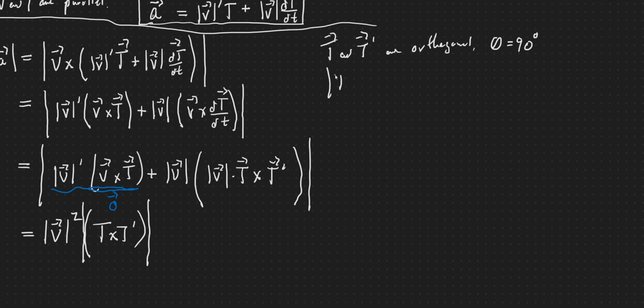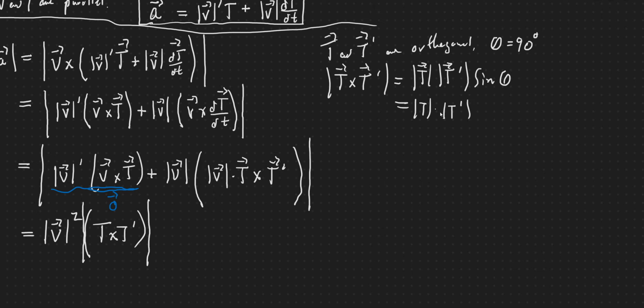And remember, the magnitude of a cross product can be expressed in terms of the magnitudes of the two vectors. Right? It's the product of their magnitudes times sine of the angle between them. But if the angle is 90 degrees, then sine of that is just 1. And so this is just magnitude T times magnitude T prime. Remember, this is what makes a square for our parallelogram. And we just get this for the area.